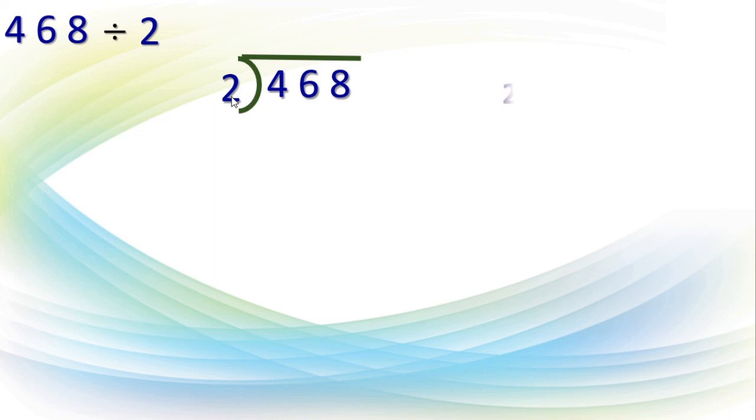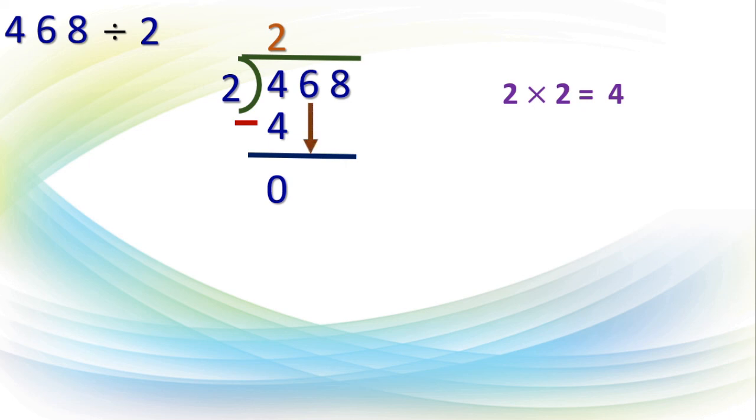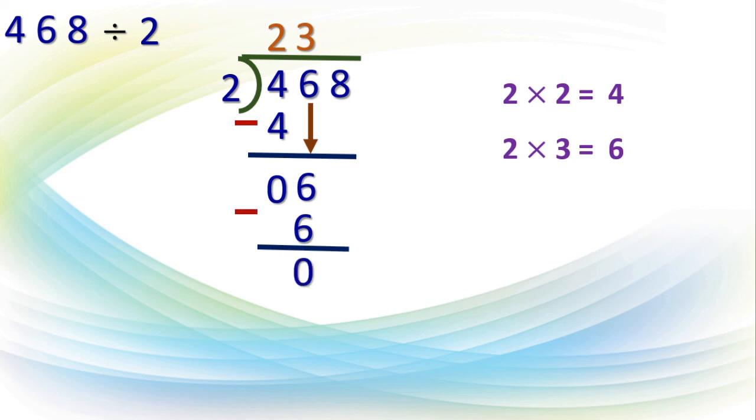You know that 2 twos are 4. 4 minus 4, that is 0. Now we will take this 6 down, tens place, that is nothing but 60. Now 2 threes are 6. Very easy. 3 we will write up and 6 below 6. 6 minus 6 is equal to 0.